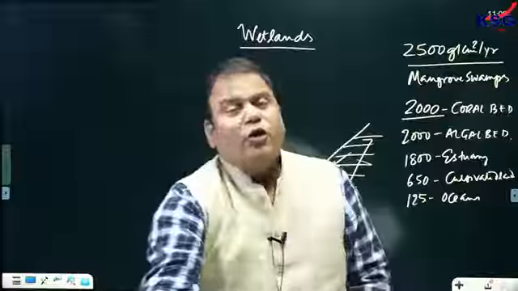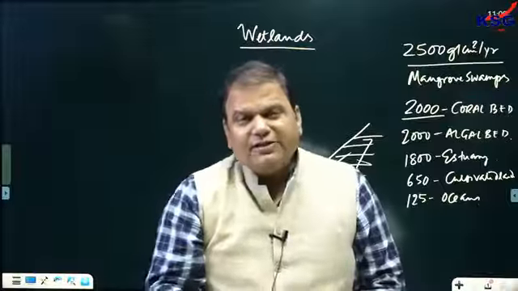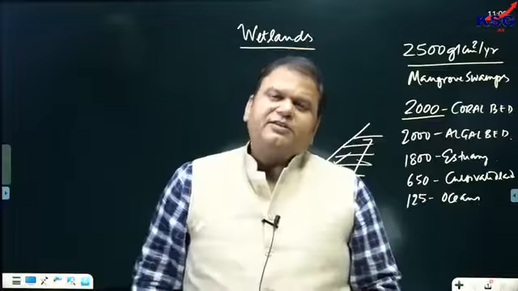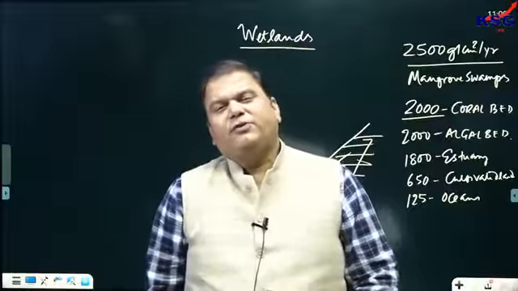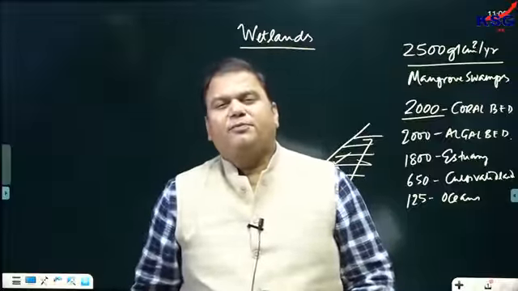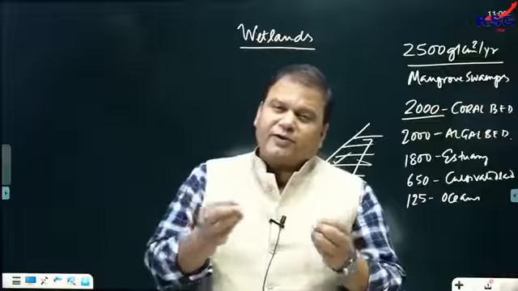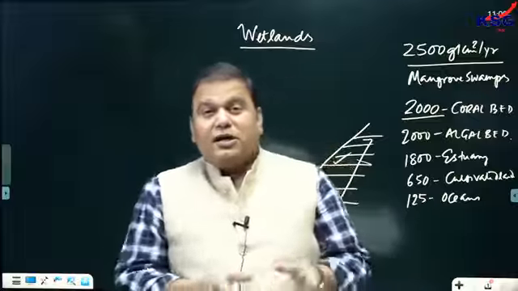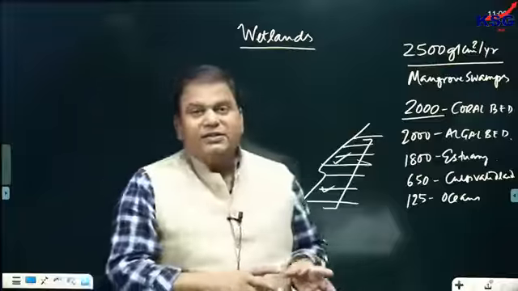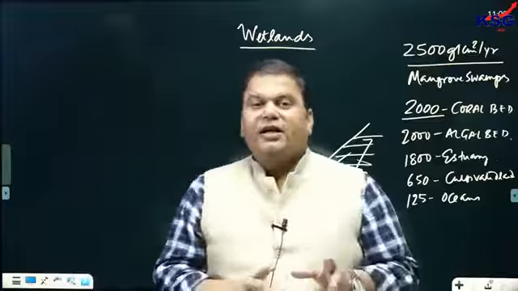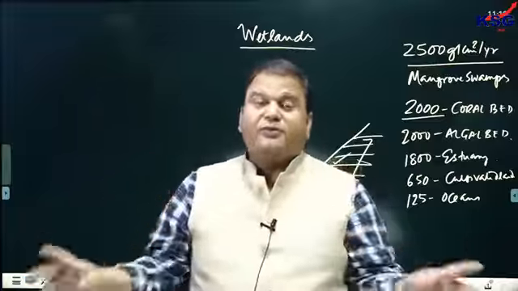But when we talk about wetlands, there is the Ramsar list, which is responsible for publishing the wetlands of international importance. And how would a wetland become a wetland of international importance? A wetland would be designated as a wetland of international importance if it attracts at least 20,000 water birds.